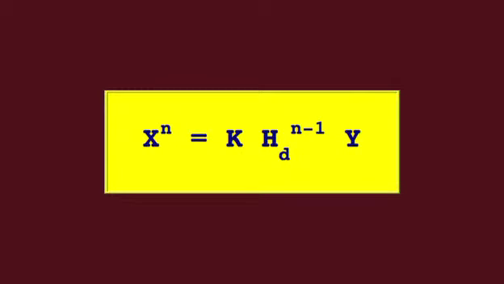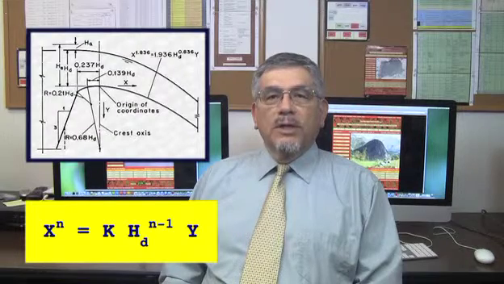The equation for the West spillway shape is, X and Y are the coordinates of the crest profile, with the origin at the spillway crest. H sub D is the design head, excluding the velocity head. K and N are parameters that depend on the slope of the upstream face, as shown here.